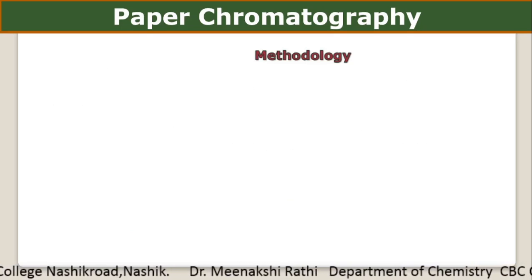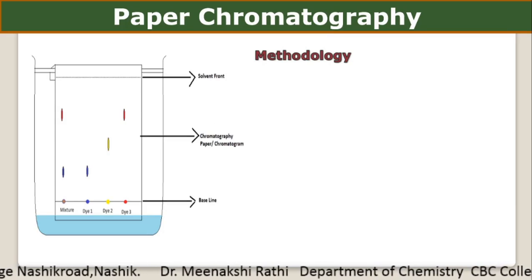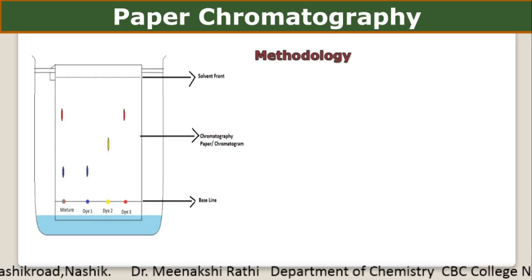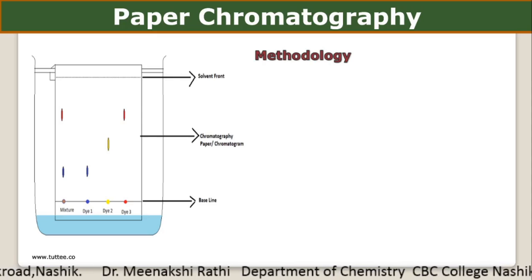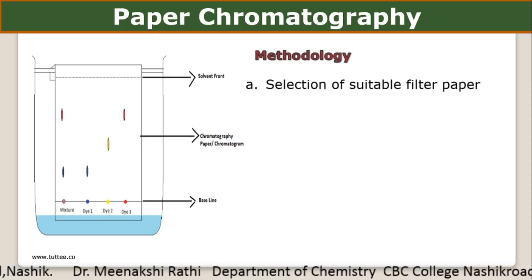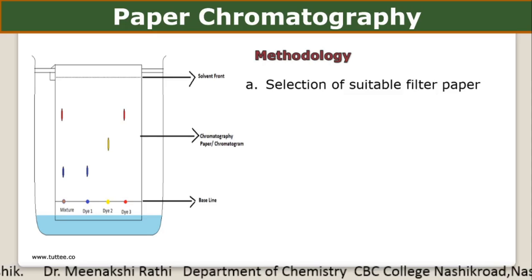Now what is the methodology? This is the diagram for paper chromatography. Now the steps involved in paper chromatography are: the first step is selection of suitable filter paper, which can act as a stationary phase.